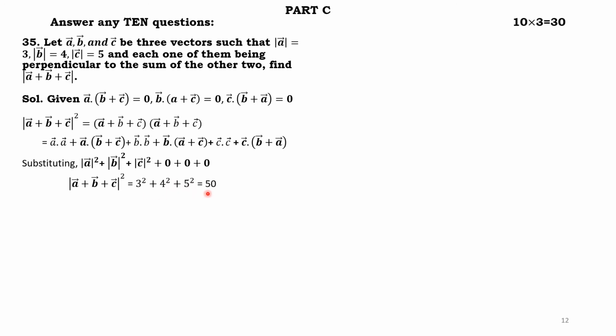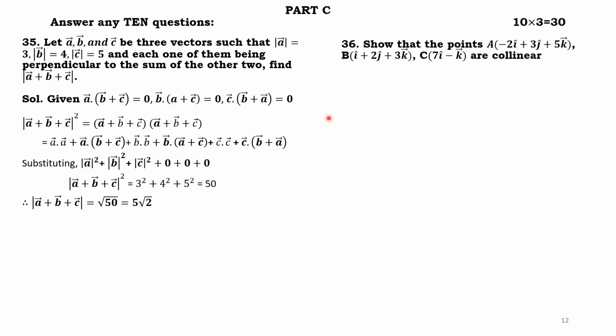Total is 50. So taking square root, on the left hand side we get mod of vector A plus vector B plus vector C is equal to square root of 50, that is 25 into 2. Square root of 25 is 5, into square root of 2. That is the answer.